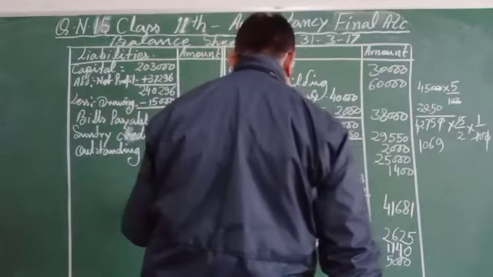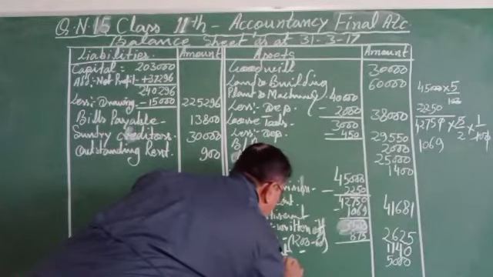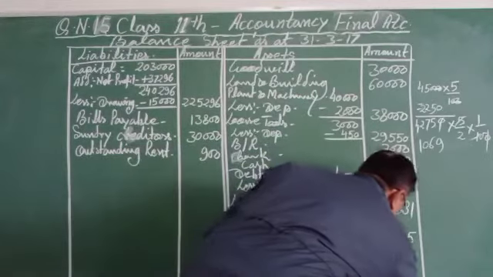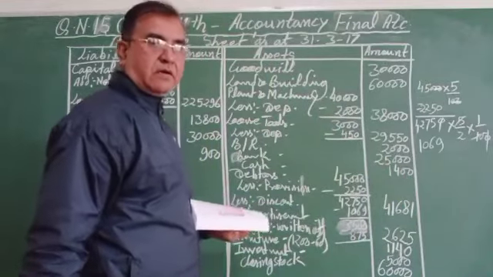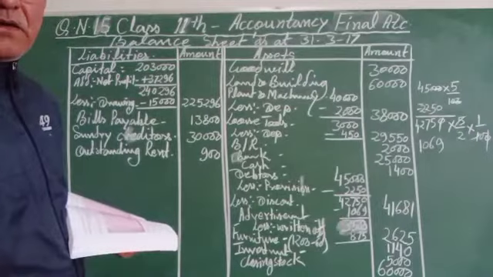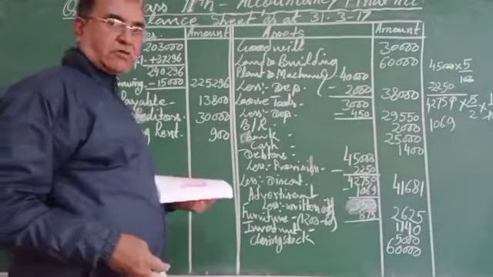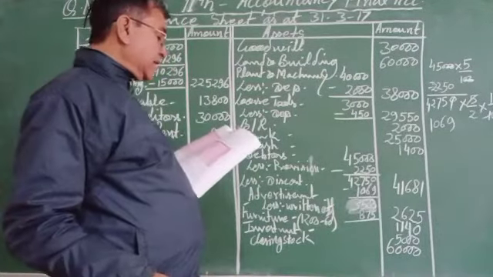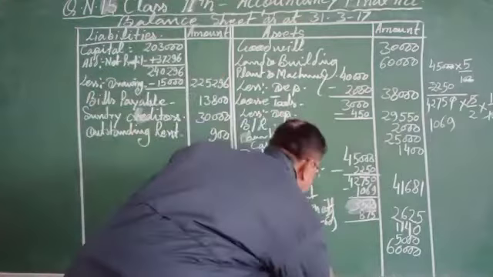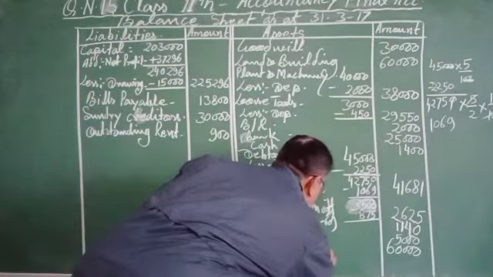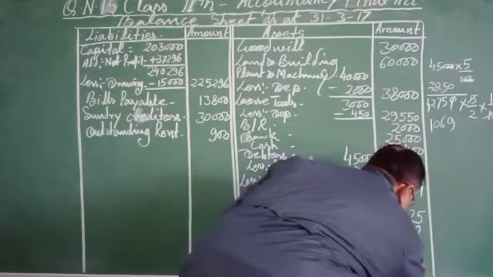Then closing stock 60,000. Then interest earned but not received, accrued interest, 600.